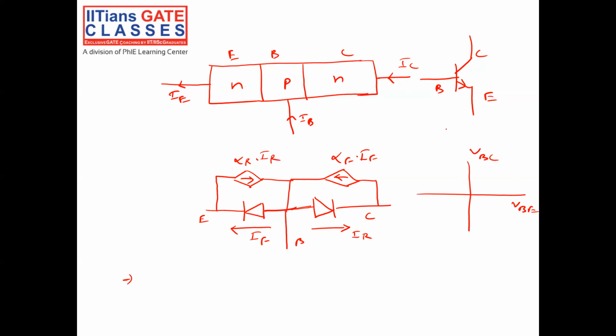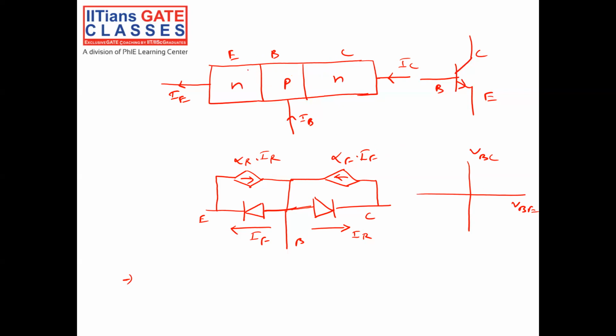To the first order, to forward bias the base emitter junction, I need the voltage of base emitter to be greater than 0. Similarly, to forward bias the base collector junction, I need VBC to be greater than 0. I'm just assuming that. Actually it should be around 0.6 to 0.7 volt, but for the sake of understanding, I'm assuming that if it is greater than 0, it is forward bias.